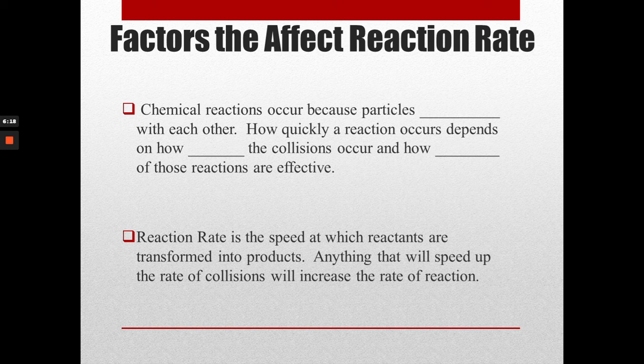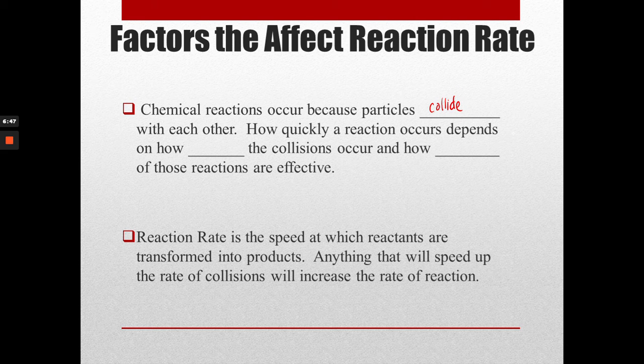So what we're going to do now is go through the different factors that affect how fast reactions occur. And again, all of these are going to be very conceptual. They're not going to be mathematical. We're just going to go through a bunch of ideas and think about how these ideas can be used to explain what we witness. So chemical reactions occur because particles collide with each other.